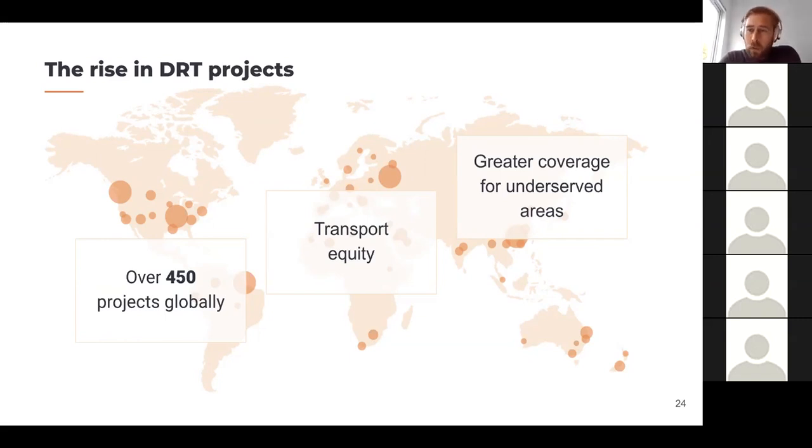We've evolved away from a trial market or a trial period now. There's a number of providers that have a lot of experience and knowledge and expertise in this space. And we're also seeing much lengthier, similar sized public transport contracts to really integrate DRT into the existing public transport network and align it accordingly.